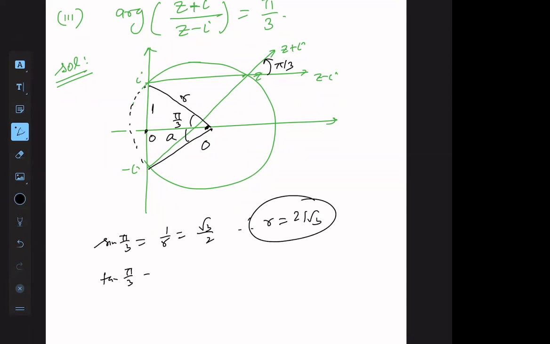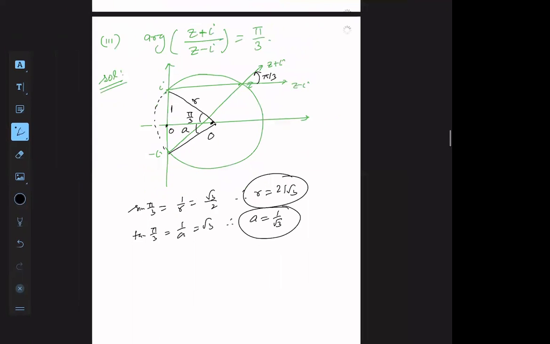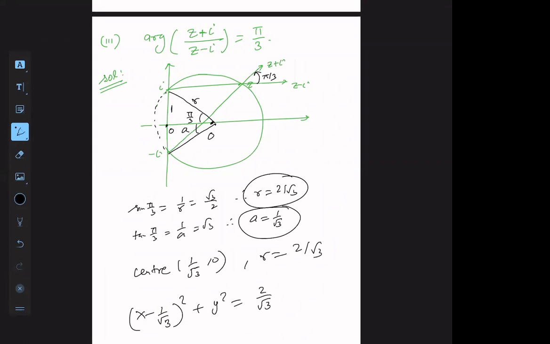Tan pi by 3 is equal to 1 by A. So A is 1 by root 3. So ultimately center is 1 by root 3 comma 0 and radius is 2 by root 3. So now you can write the equation of circle: x minus 1 by root 3 whole square plus y square equal to R square, and x is greater than 0.